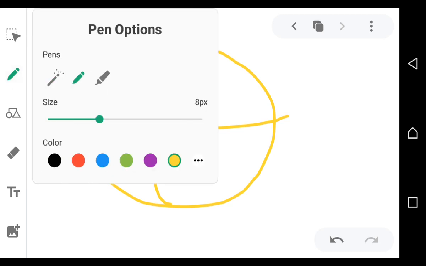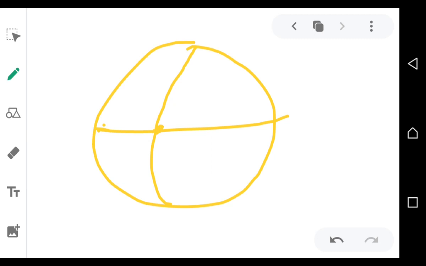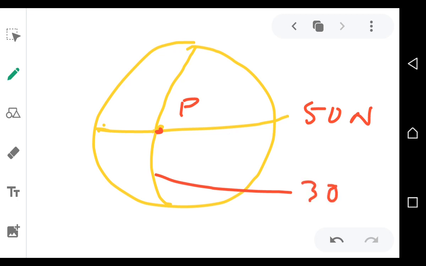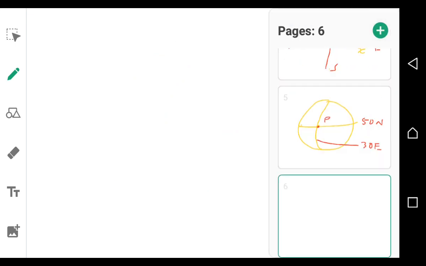Let's say I name this point P. This line, this side, I'll name it 50 degrees north, and this line I'll name it 30 degrees east. Then they ask: what is the position of P?